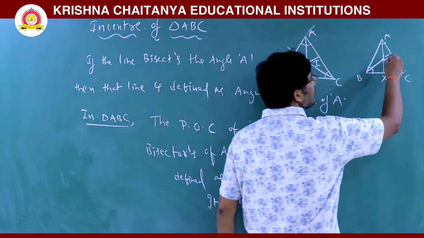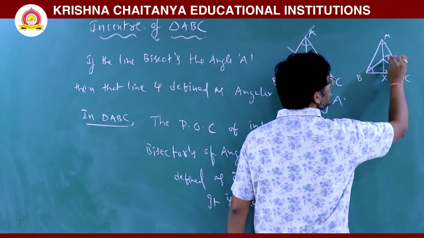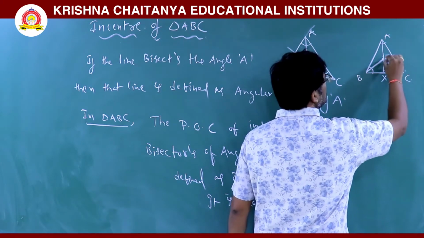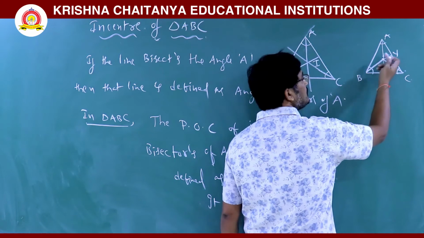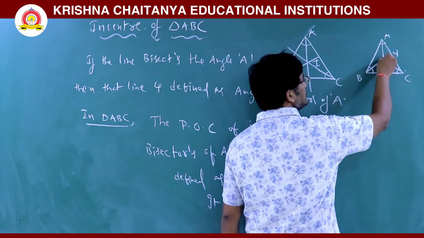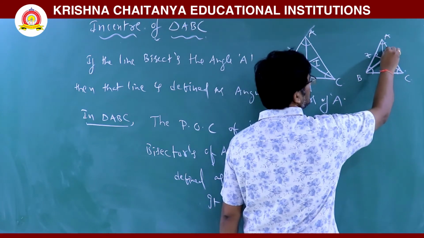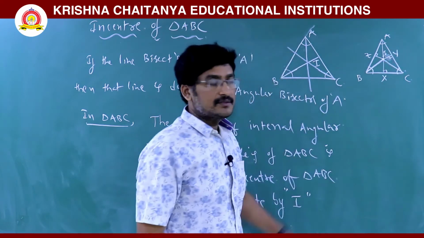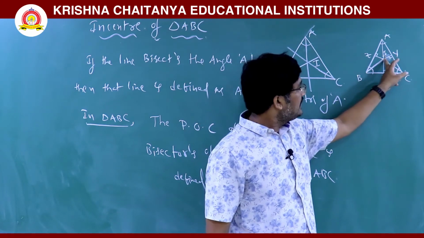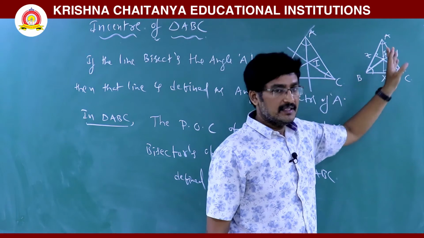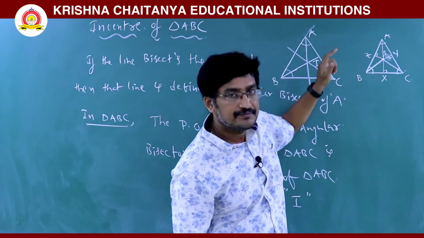The perpendicular distance from I to this side is IY, that side AC. And the perpendicular distance from I to this side AB is IZ.